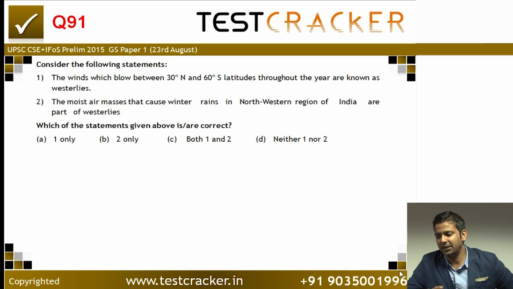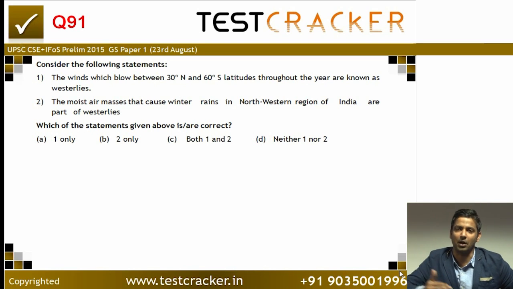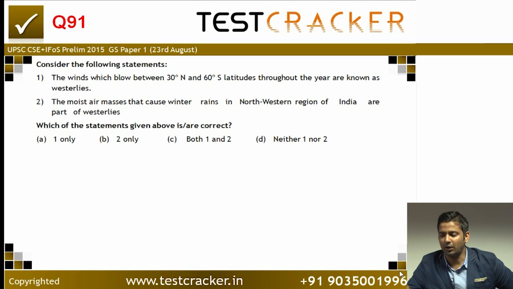I would say one you can answer even logically. So, between 30 degree north and 60 degrees south, the world is symmetric, right. So, you should have expected 30 degree north and 30 degrees south, or maybe you would have expected 30 degrees south and 60 degrees south, or 30 degree on one side and similarly on the other side, right. This says 30 degree north and 60 degrees south. It does not make a lot of sense.